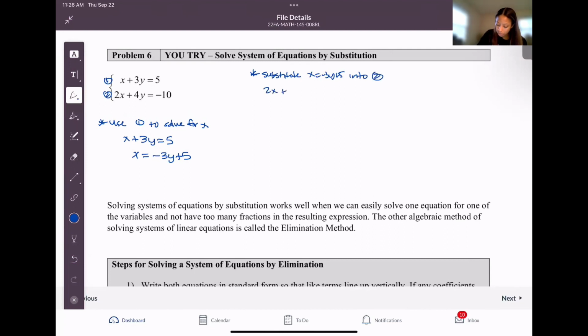So 2x plus 4y equals negative 10. That's going to be 2 times negative 3y plus 5 plus 4y equals negative 10. And then we want to solve this. That's negative 6y plus 10 plus 4y equals negative 10.